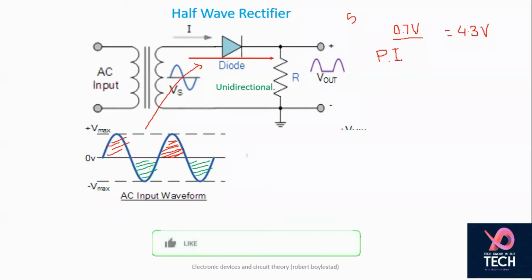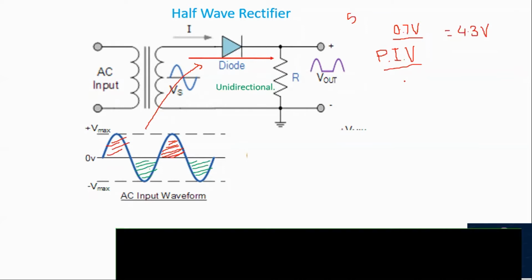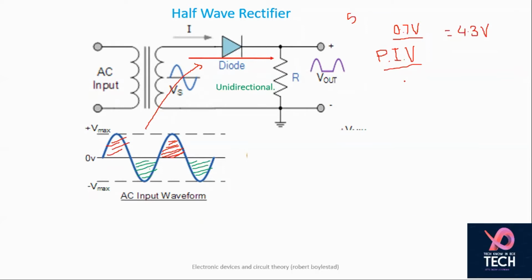It can be defined as the maximum voltage that can be applied across a diode in a reverse bias condition. The maximum means beyond that your diode breaks down and it cannot be used further.